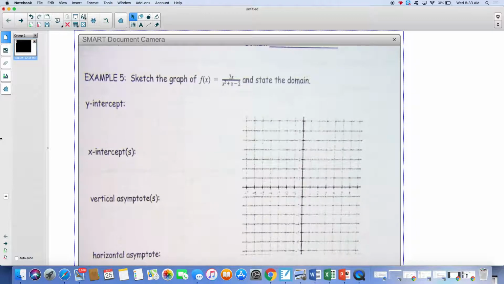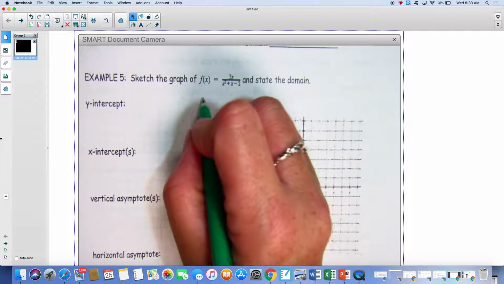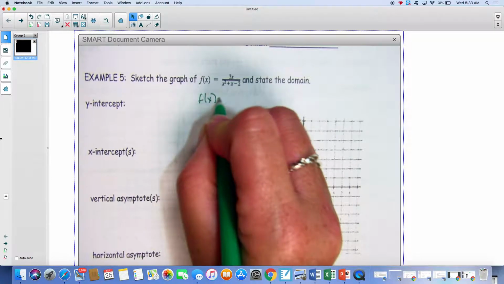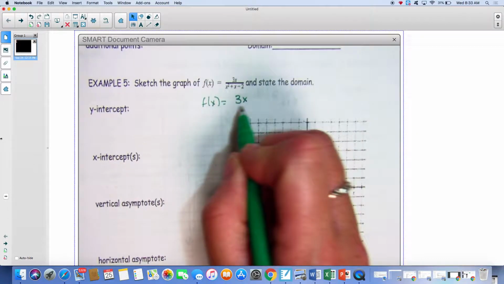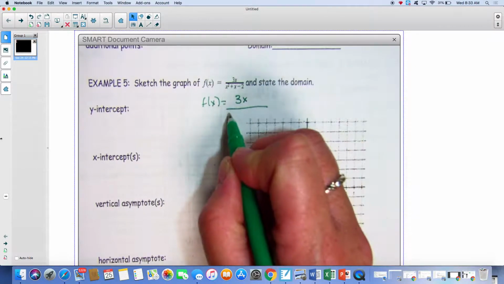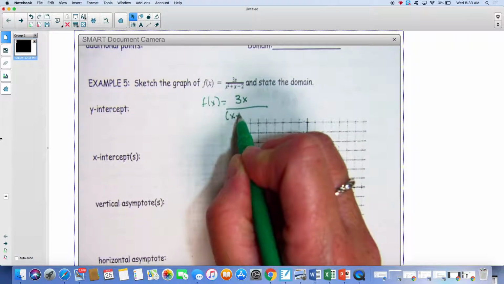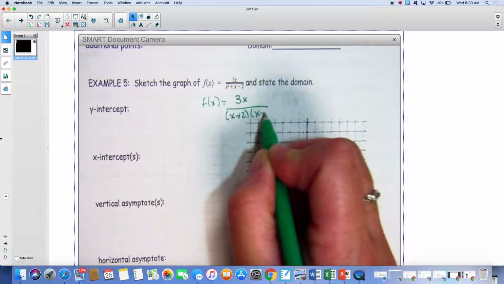Can I do any factoring? Factor on the bottom. We can factor the bottom. So f of x is going to be 3x on top. On bottom, it's going to be x plus 2 and x minus 1.